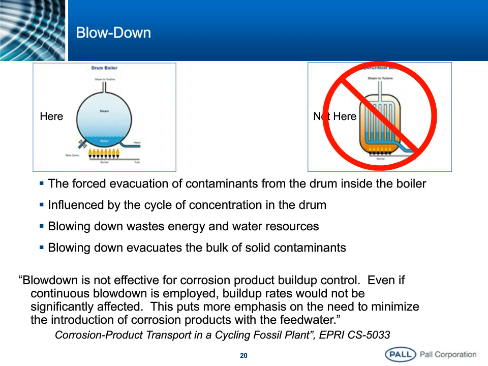And this puts more emphasis on the need to minimize the introduction of corrosion products with the feed water. Long story short, better to catch contamination before it gets to the boiler rather than try to have this solution where you're basically throwing the baby out with the bathwater, if you will, or the water along with the contamination in our case.